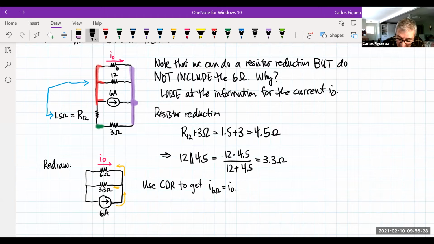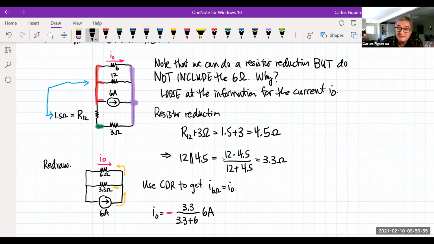And I'm going to do that by hand. So here I go. So I naught is going to be what? I have my minus sign because it's flowing in the opposite direction. And now here I go. It's the opposite resistance, which is 3.3 divided by the sum of the two, 3.3 plus 6, times my source current in this case, which is 6 amps.